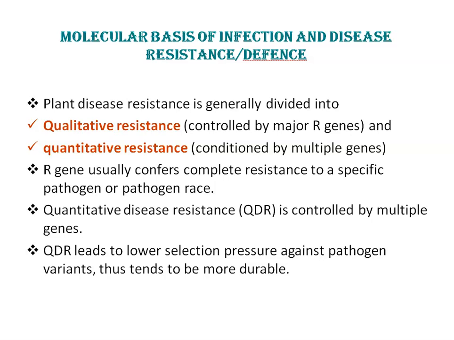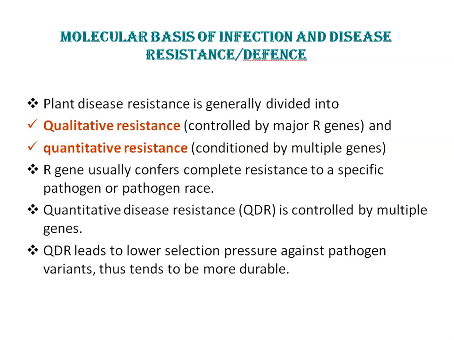Plant disease resistance is generally divided into two types: qualitative and quantitative resistance. Qualitative resistance is controlled by major R genes, and the quantitative is conditioned by multiple genes with minor effects.